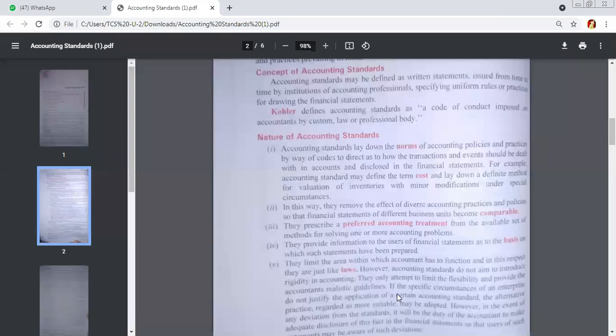In this way, they remove the effect of diverse accounting practices and policies so that the financial statements of different business units become comparable. No doubt, when uniformity is there, when the set of rules is so conserved, comparability can be developed so easily. They prescribe the preferred accounting treatment also.